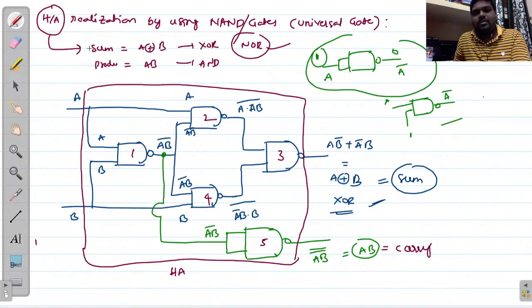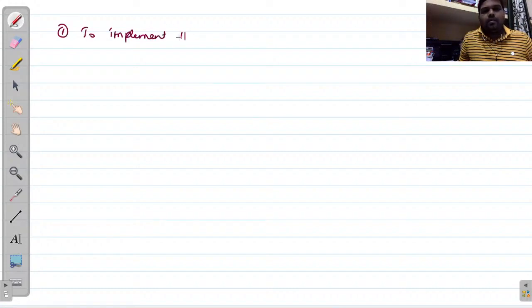Otherwise I will conclude with one statement. Okay, that's better. First statement: to implement a half adder with NAND gates we require 5 NAND gates.